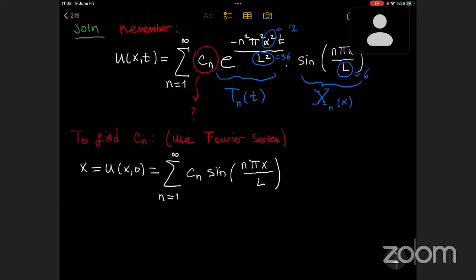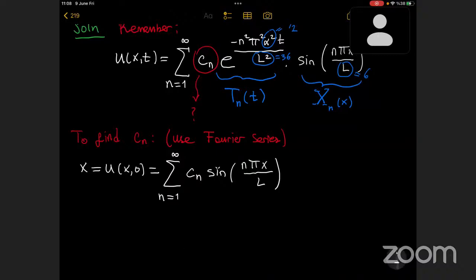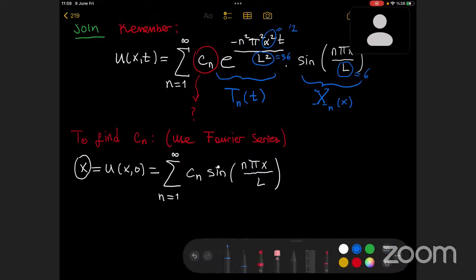It's a Fourier sine series, right? It's an odd function, so we see that we only have sine in the Fourier series. And you can also see that here x is an odd function, so we have Fourier sine series. And remember the formula for the coefficients.